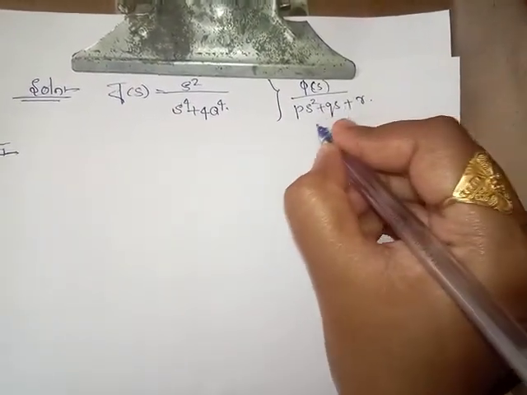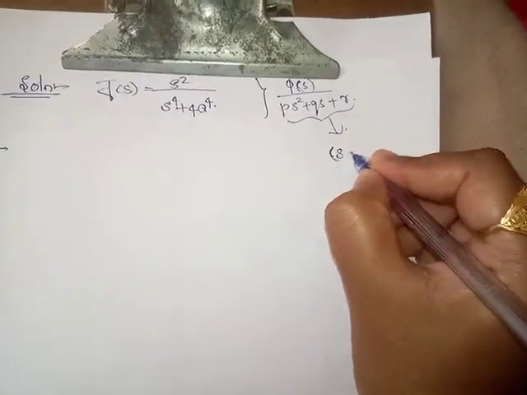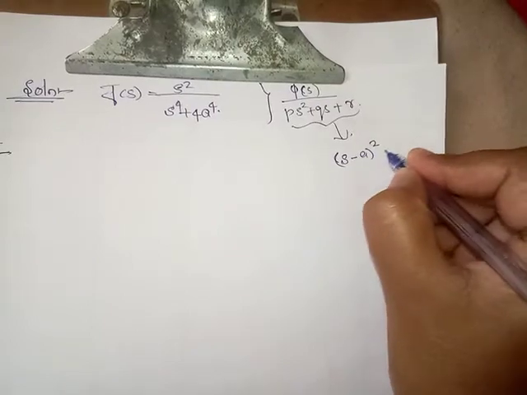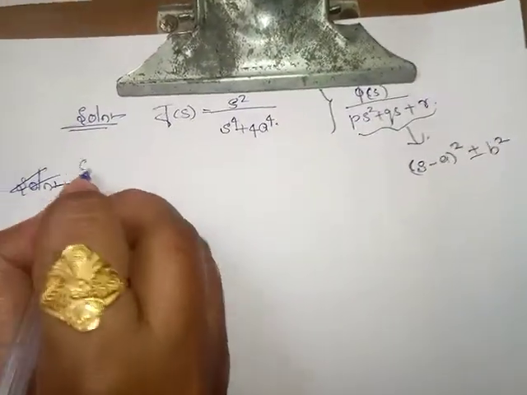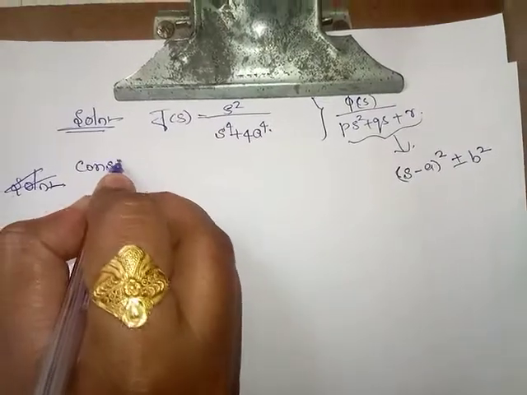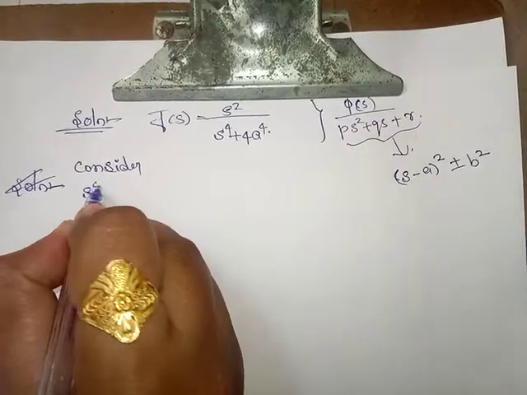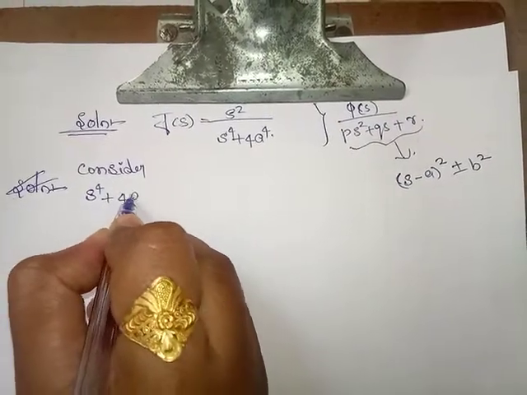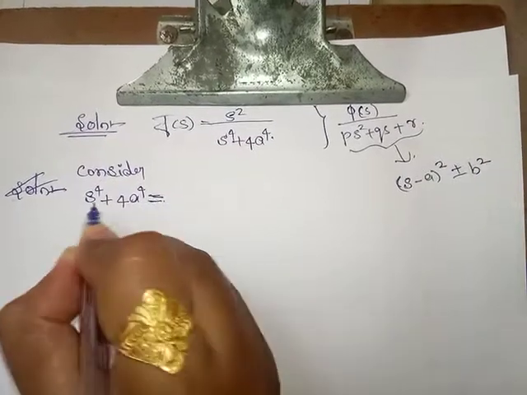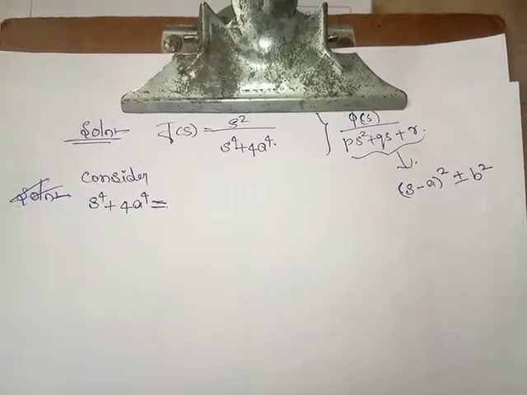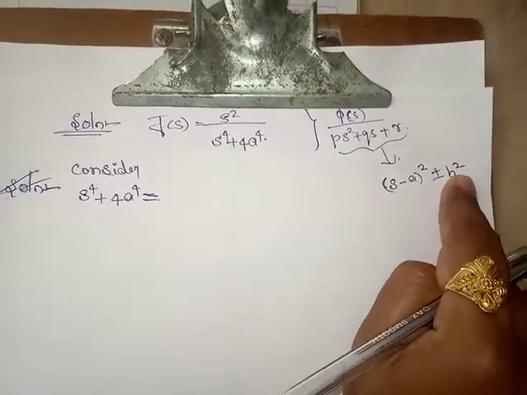We have to convert the denominator into the form of s minus a whole square plus r minus b square. For that, consider s raised to 4 plus 4a raised to 4. We have to express this as s minus a whole square plus r minus b square.